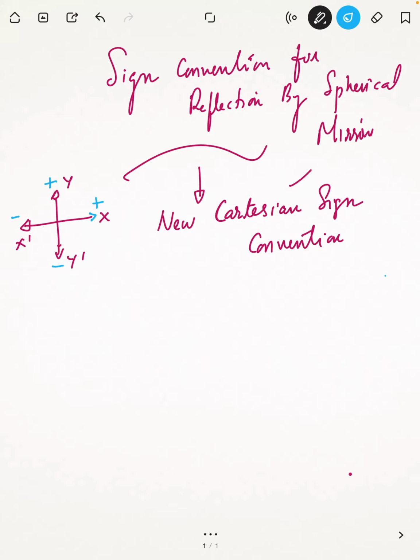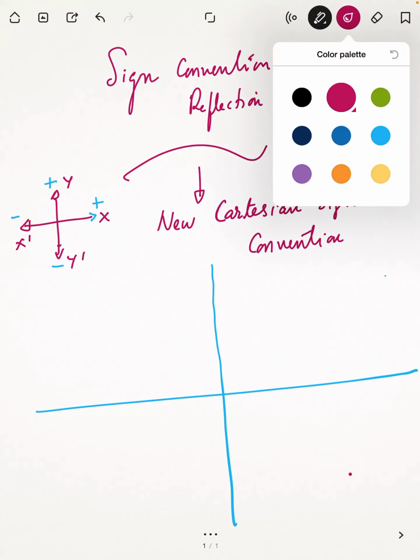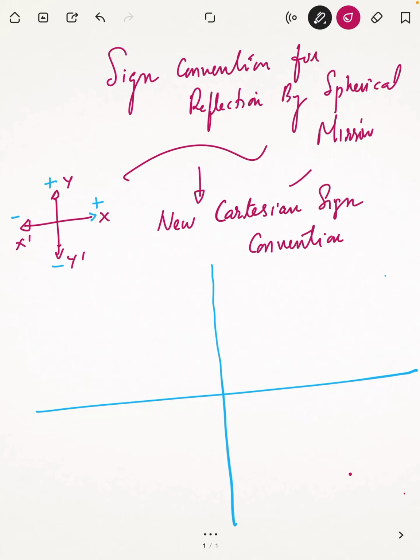For this, we'll see the Cartesian coordinate system. I am going to draw the xy axis. Now, in this case, the pole of the mirror will always be at the origin. I am taking a concave mirror here for reference, and this is the polished side. You can see that the pole of the mirror is at the origin.